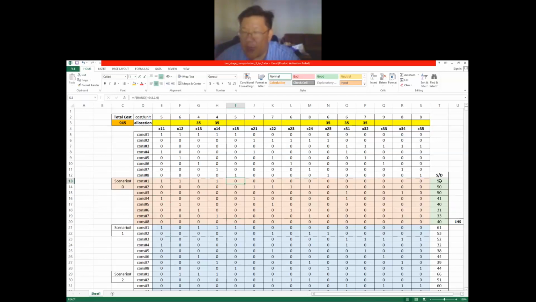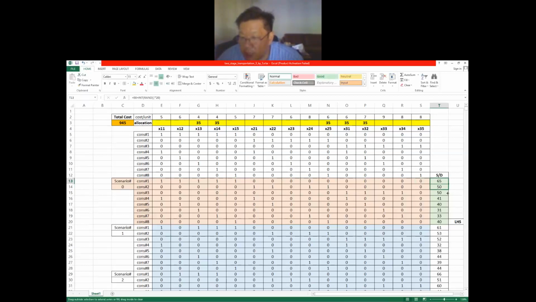But for supply and demand, we already erased them, so we need to put the formula back again. Plus 50 plus the integer value of the random number times 20.